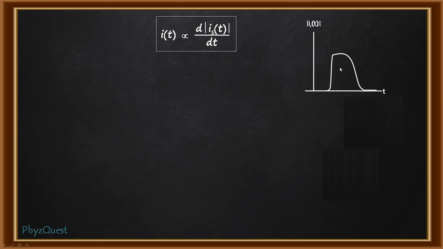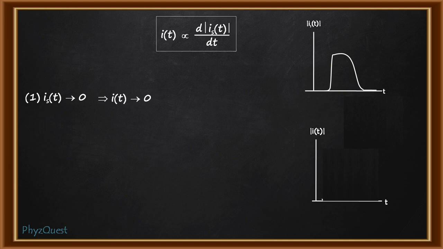So let's do that. First, we start with when this current I_s is 0. Since I(t) is proportional to the rate of change of the current, at that point I(t) will also be 0. After that, this current is suddenly increasing.